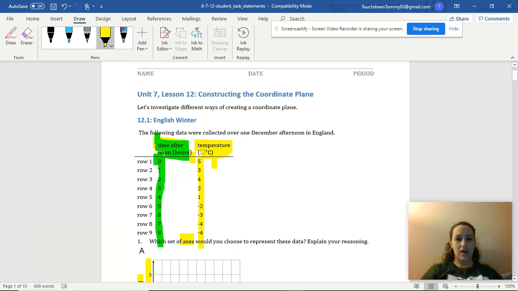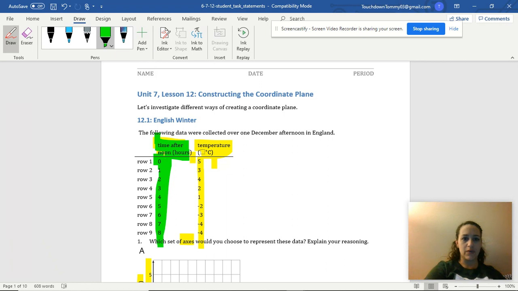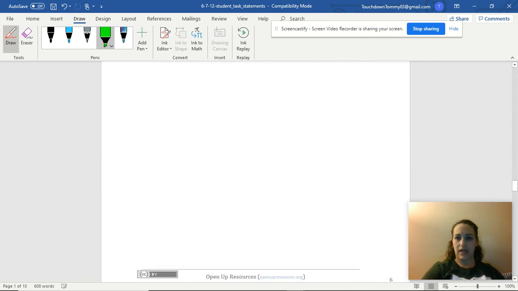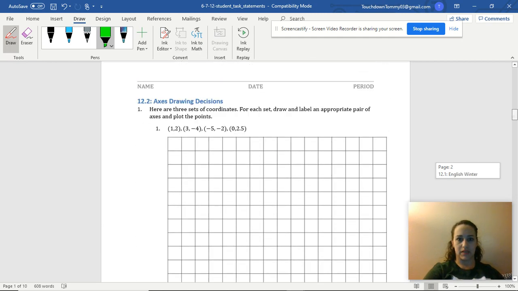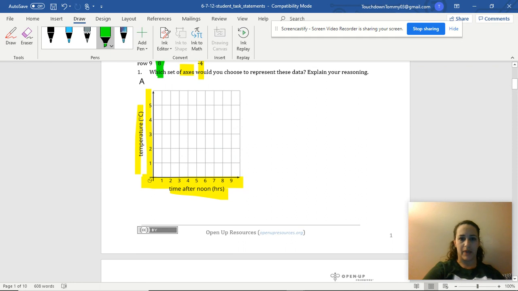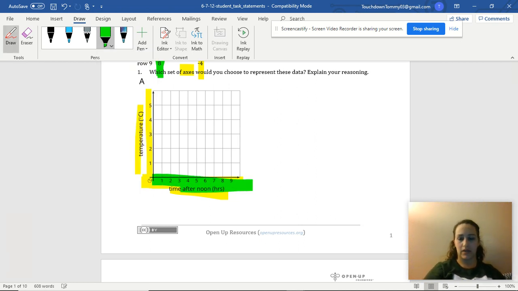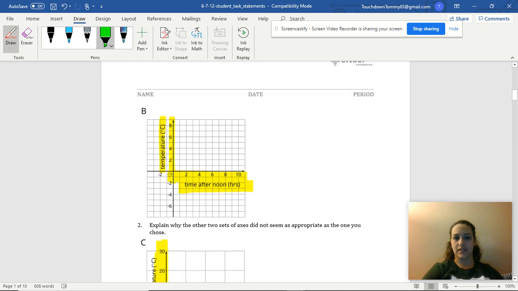And when I look back at the number sets that we've got, I noticed that the time goes from 0 to 8. So if I scroll back down here again, all right, time. That's at the bottom. From 0 to 8. Well, that goes from 0 to 8 there. So that one looks okay time-wise.